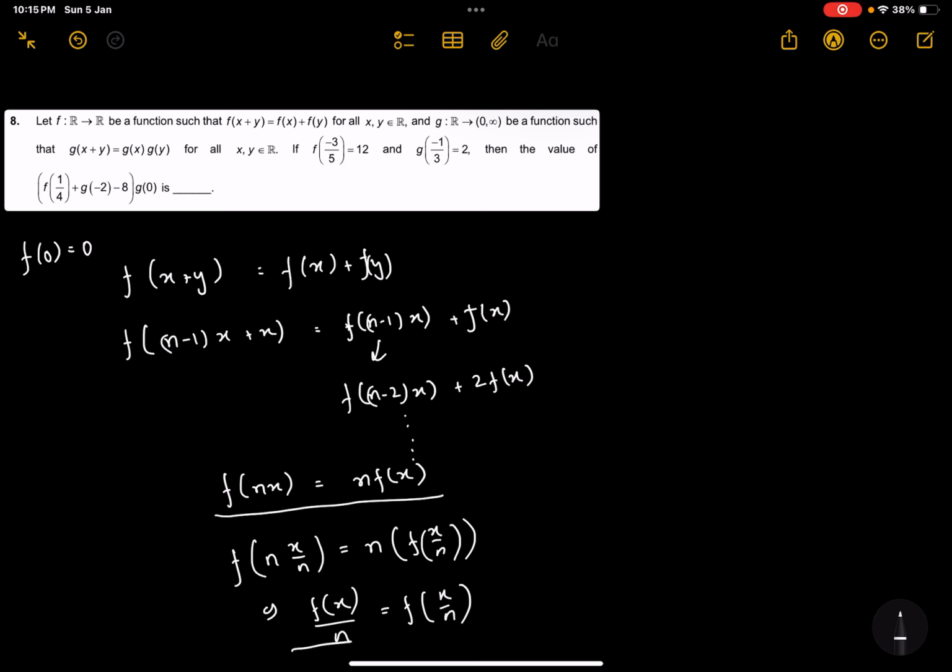So combining this with this, we get f(m/n x) equals to m by n times f(x).